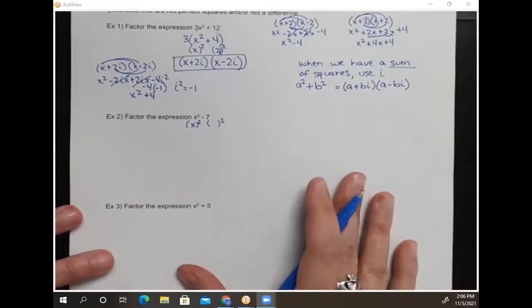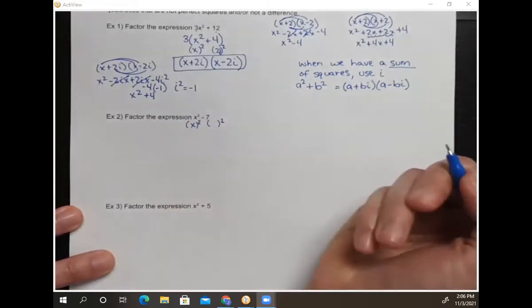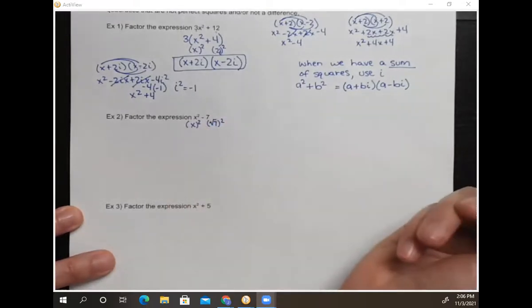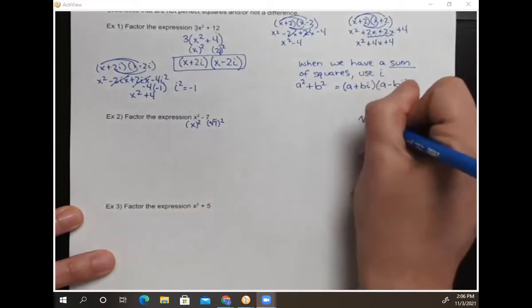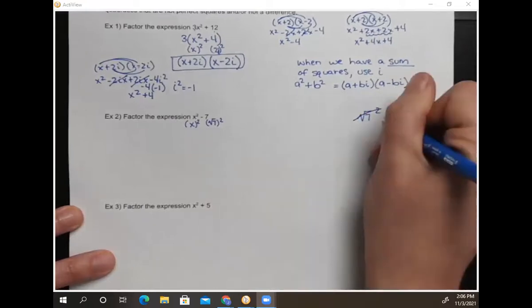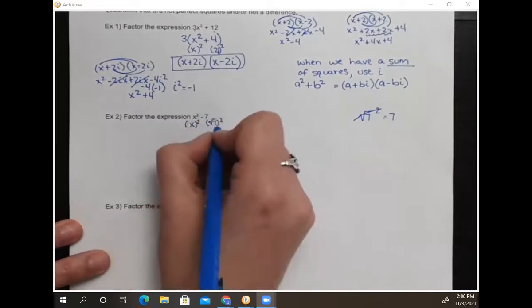So here's my sort of trick for this one. Instead of trying to figure out some approximation here, let's just use the square root of 7. If I square the square root of 7, the square and the square root cancel each other out. They undo each other, and I'm left with 7. So that's what I want to use here.